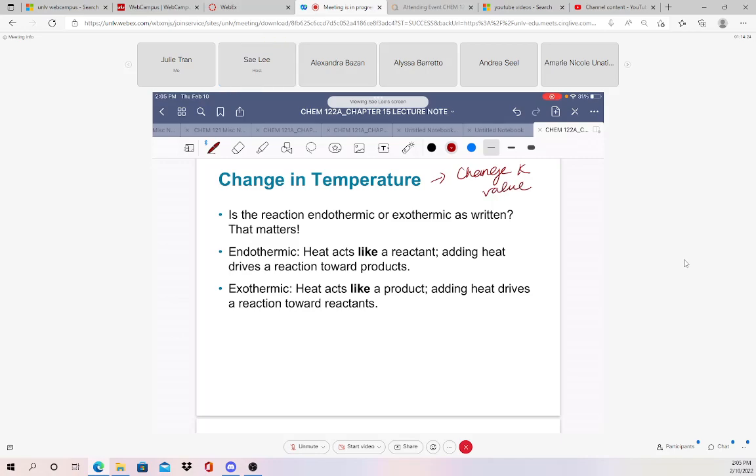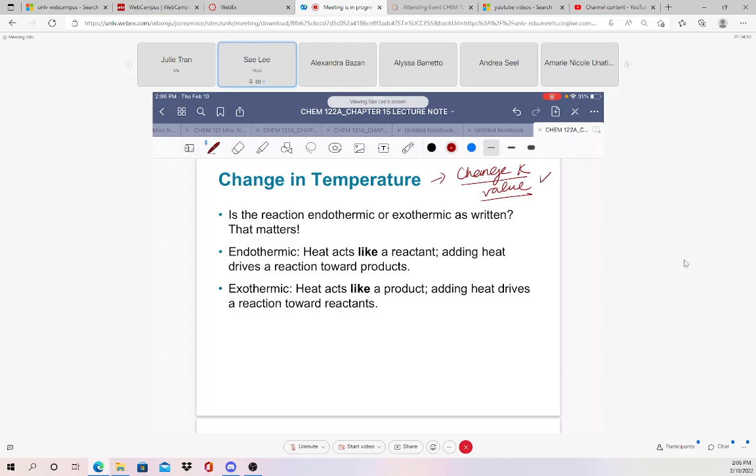In the previous examples where you fluctuated the concentration, pressure or volume, those only affect quotient Q. The K value will not be changed. But if you change your temperature, this will change the K value. So keep this in mind when you do your homework.